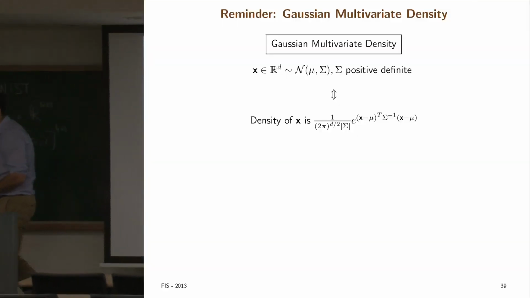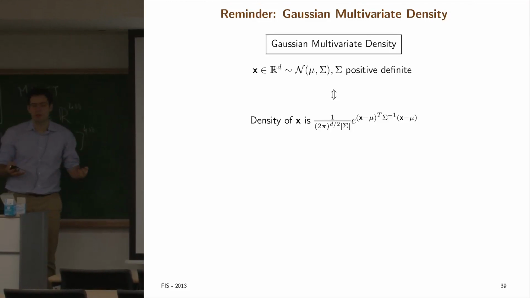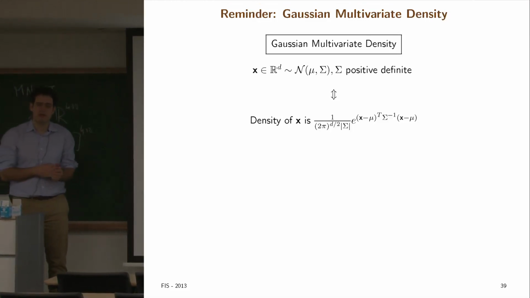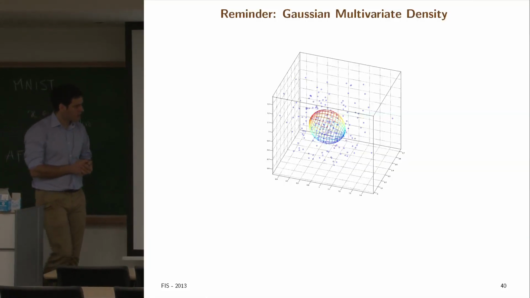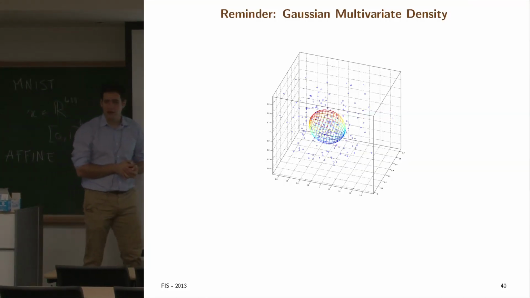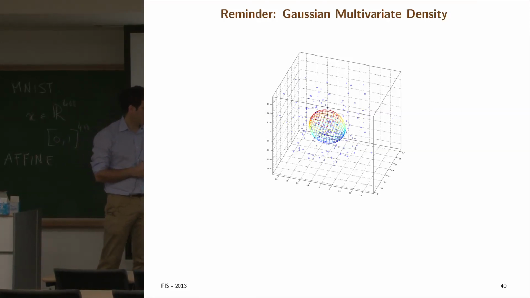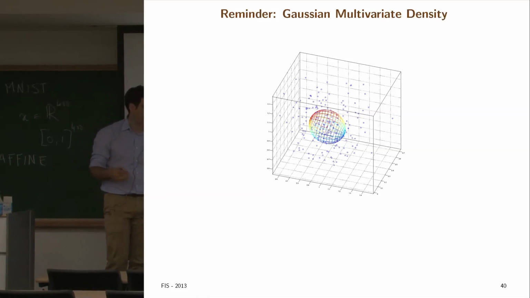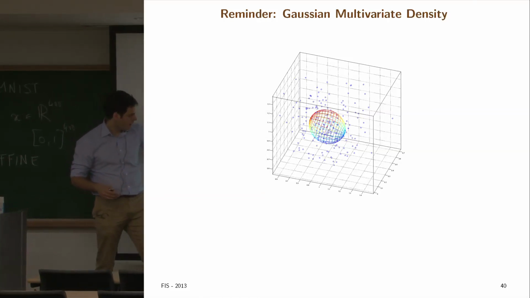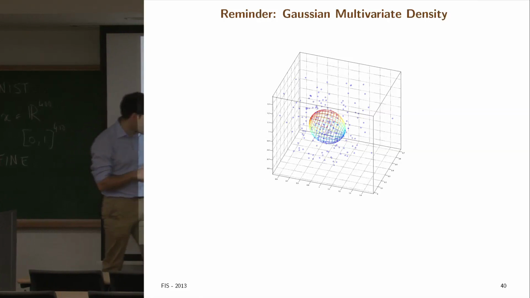With the multivariate Gaussian density, we have arguably the simplest probability on vectors. This is a bit what a random draw of points would look like in 3 dimensions. Here we have vectors of R^3, D equals 3. The mean is this red point.